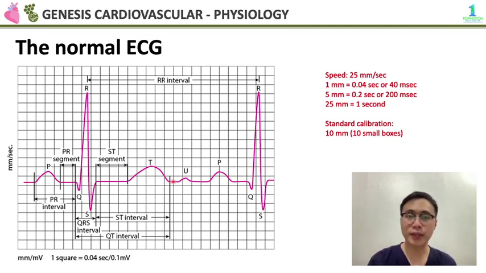So this is important. The U wave, on the other hand, will come after the T wave, and it's not a normal finding. Yung U wave could be representative of hypokalemia. And then you start another PQRST na naman. So the R to R interval will help us determine the rate later on.